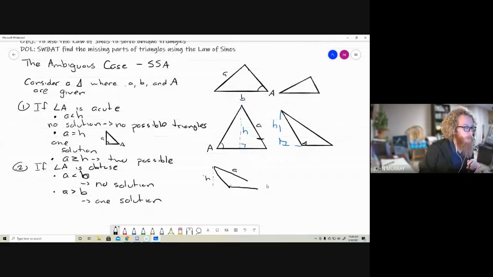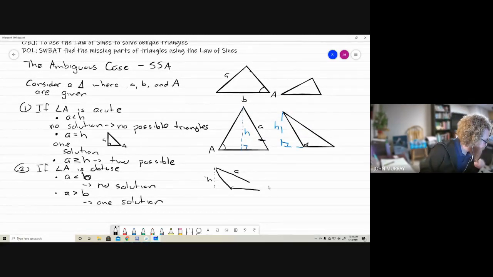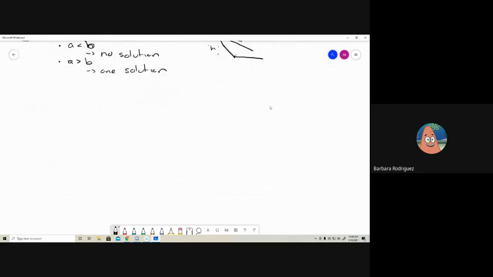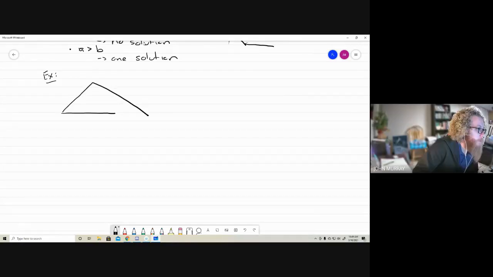All right, let's look at some examples. Everybody good with this? I can scroll up. Yep, all good. Mr. Moore, can you just go back up a little bit? Yeah, sure, one second.